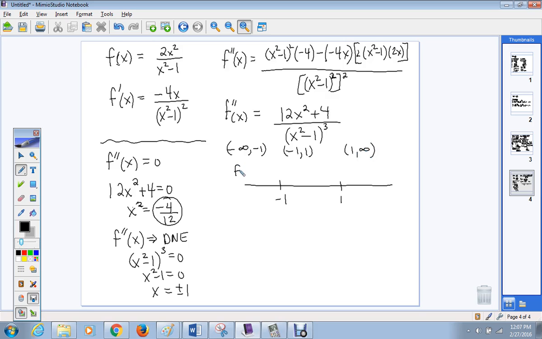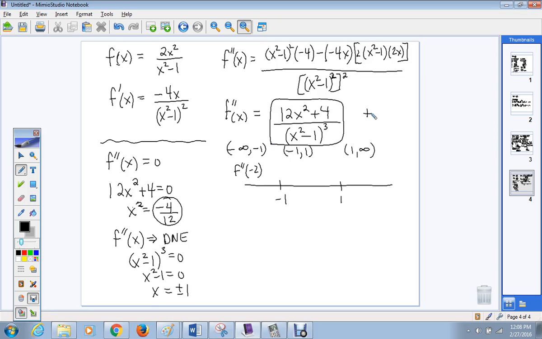So now we can plug a value. Let me choose, let's see, negative 2. So going back to our second derivative, if we plug in negative 2 into the numerator, now we're using this right here. If we plugged in negative 2 to the numerator, you can see we'd square negative 2 to get 4, times 12 is 48, plus 4.